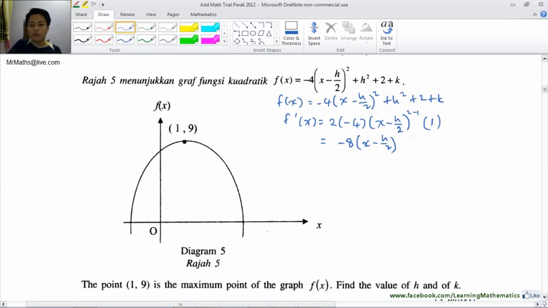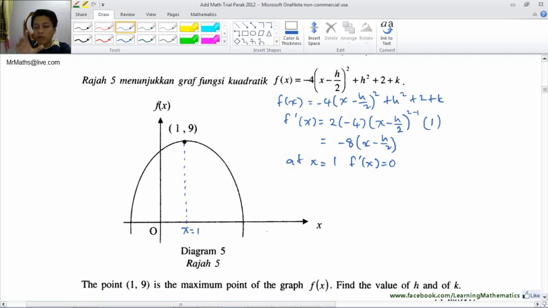So this is how it looks, and then that will give you the maximum point there at x is equal to 1. You see here, x equal to 1, f prime x is equal to 0.